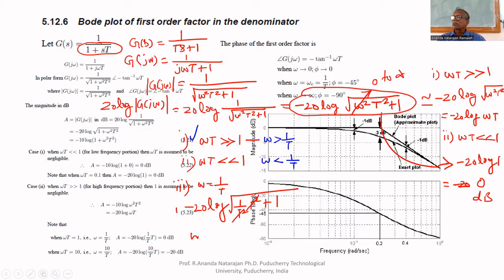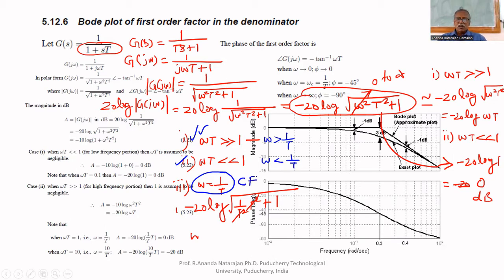When omega equal to 1 by tau, it becomes 1. So this omega equal to 1 by tau is the point that differentiates these two cases. That point is called the corner frequency. Omega equal to 1 by tau is called corner frequency.